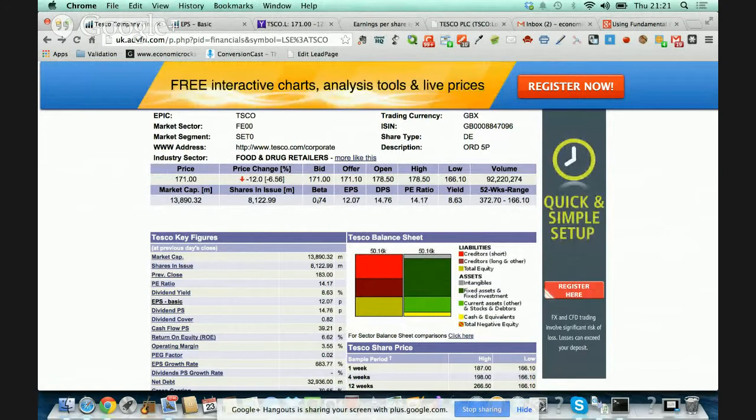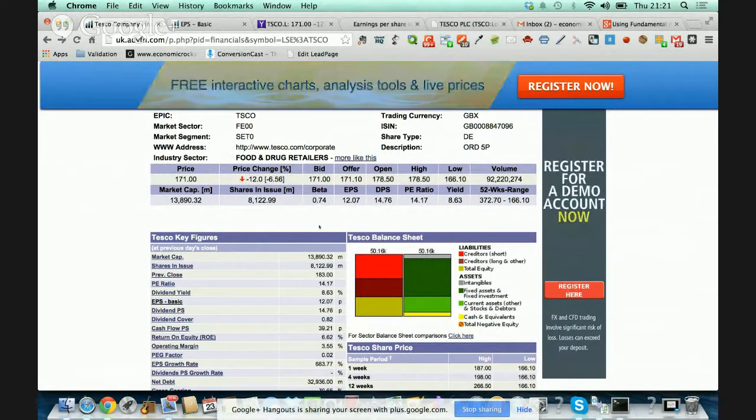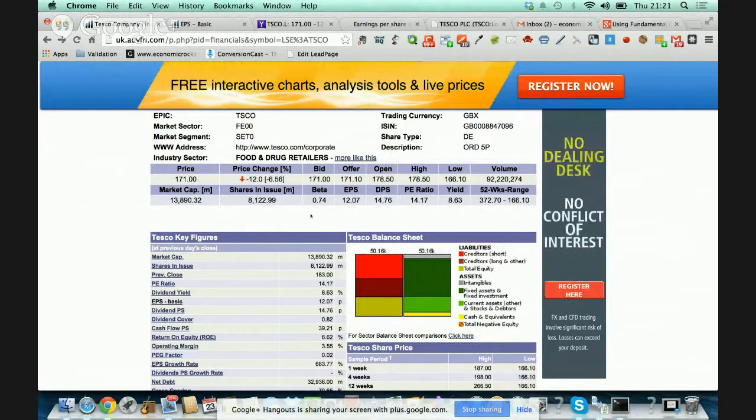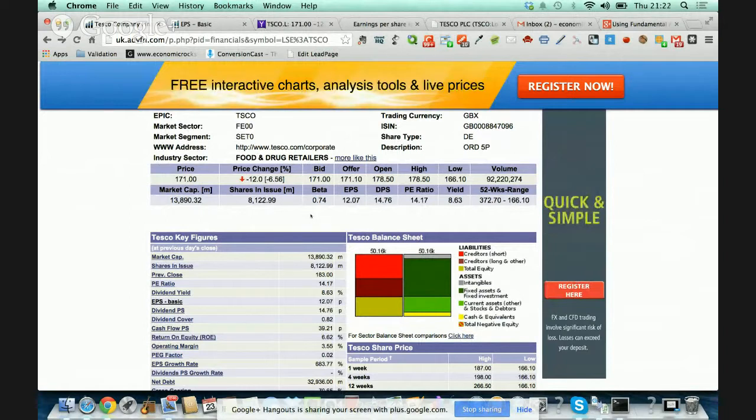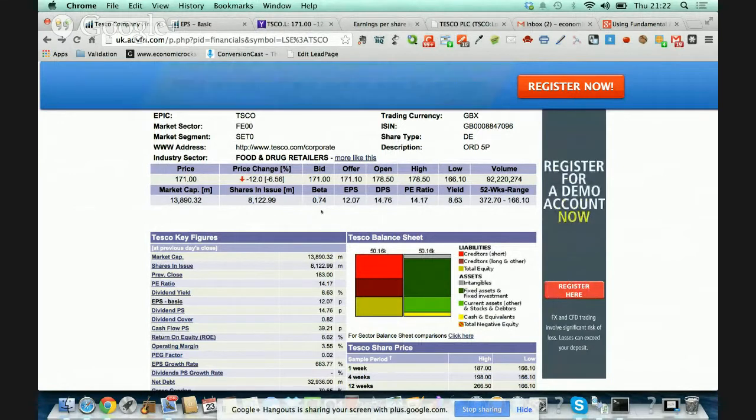In other words, if the stock market fell by 1%, Tesco would be expected to fall by 0.74%. Or if the stock market was to rise by 1%, then Tesco stock would rise by only 0.74%. So the rises and falls are not as high as the actual stock market. Therefore, it may be considered a lower risk investment.